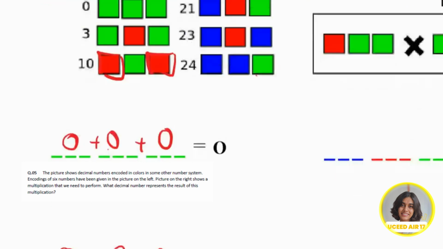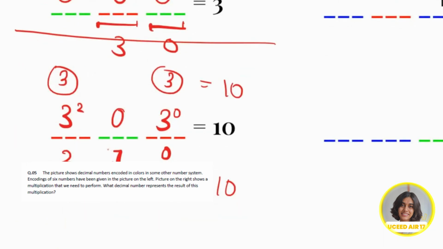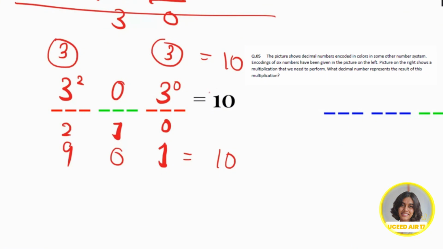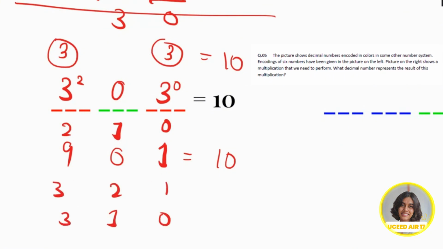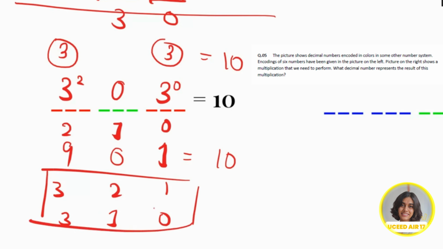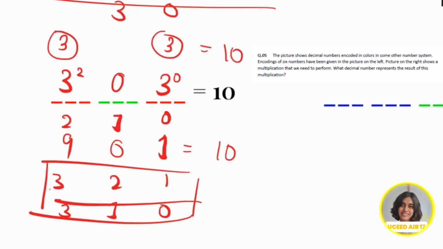So I can think of the positions as either 1, 2, 3, or 0, 1, 2. These are the two ways of positioning things. But people from a computer, science or mathematical background know that when we take positioning, we always start from 0 and not from 1.